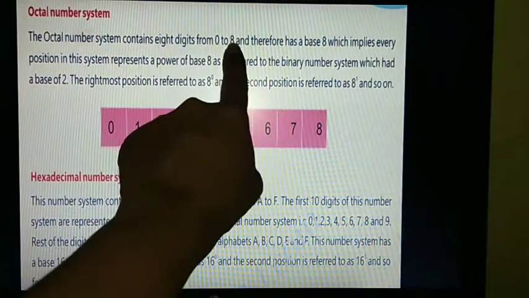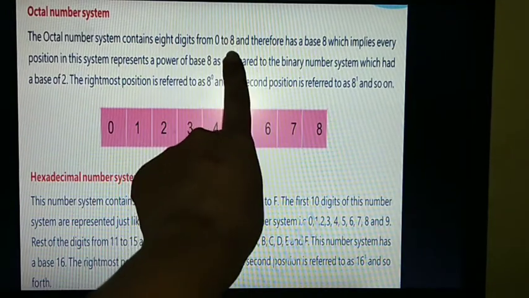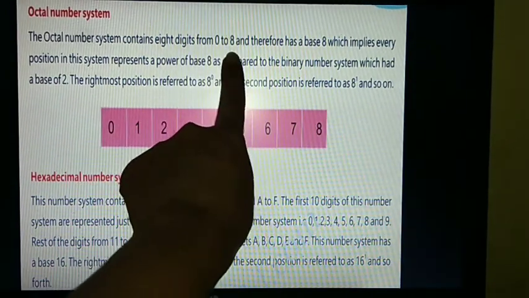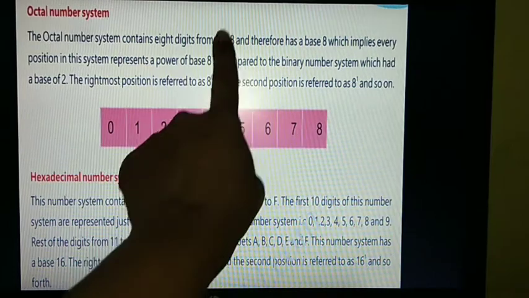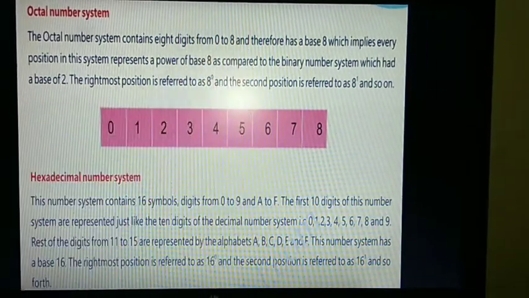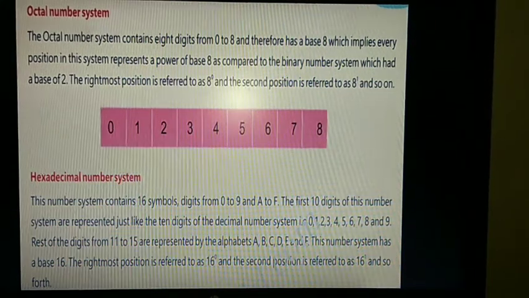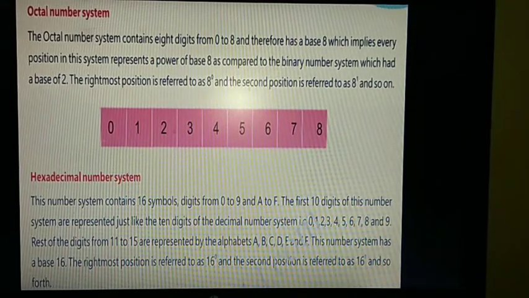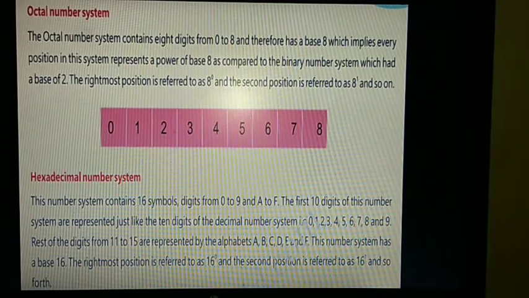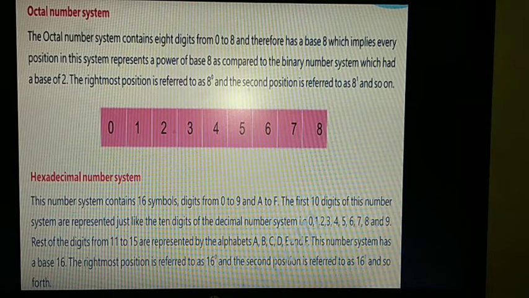Here it is a printing mistake, it should be 7. Just count 0, 1, 2, 3, 4, 5, 6, 7. So total digits are 8, but it ranges from 0 to 7.